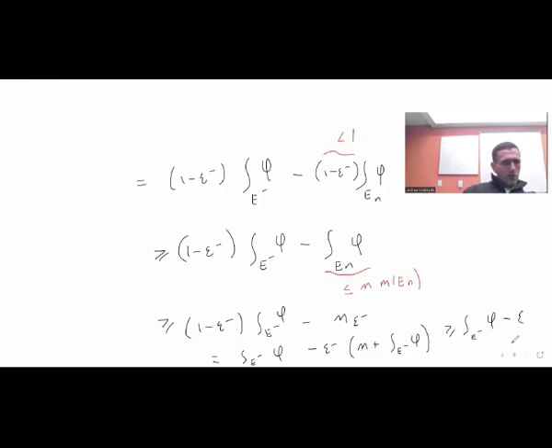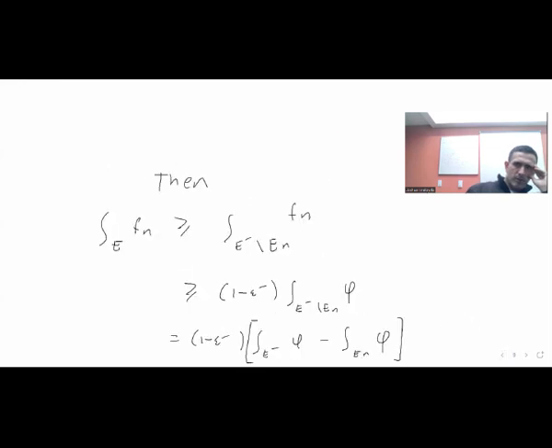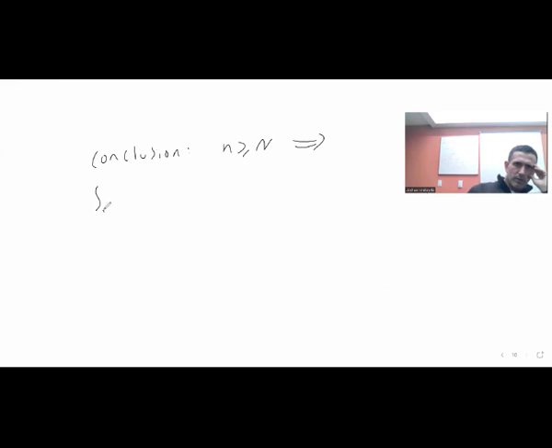Okay, so what is the conclusion? Little n bigger than big N implies the integral over E_n is bigger or equal to the integral over E prime of phi minus epsilon.